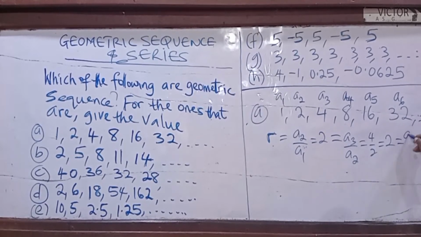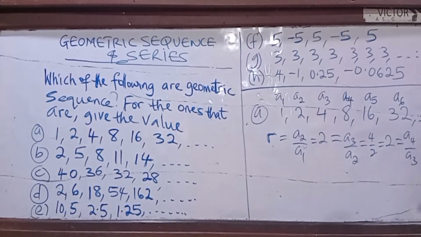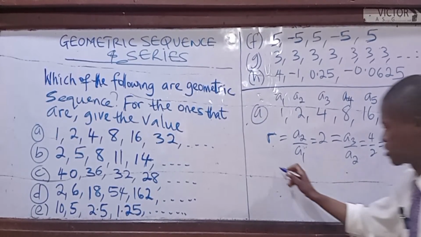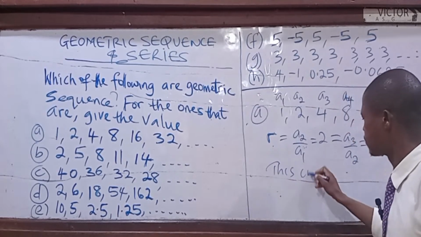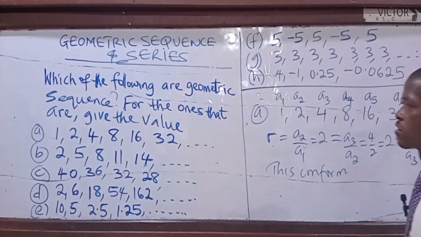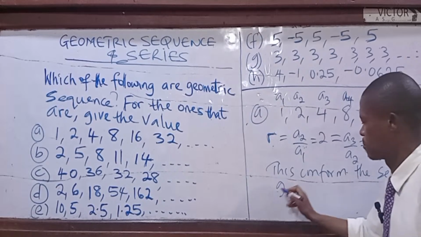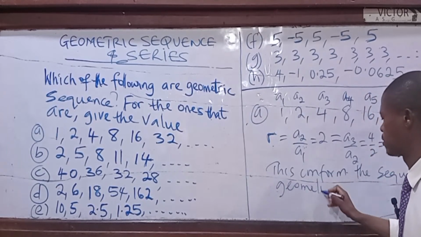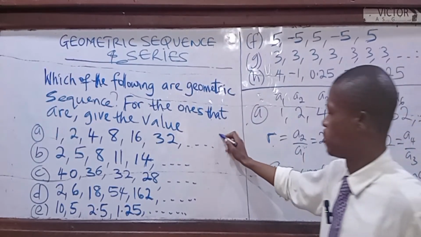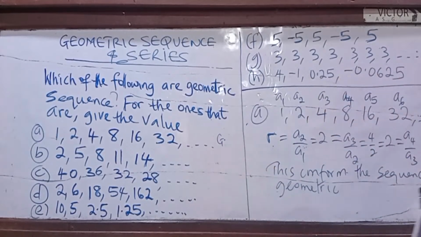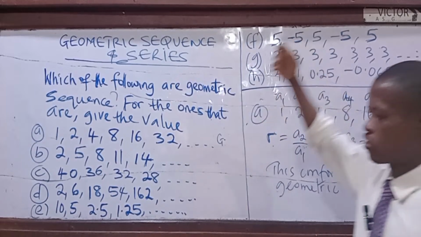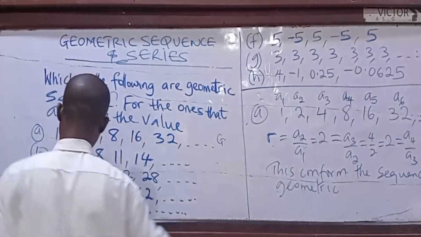Which must also equal A4 over A3, which is also 2, and so on and so forth. So this confirms the sequence is geometric. The second one, we have 2, 5, 8, 11, 14.